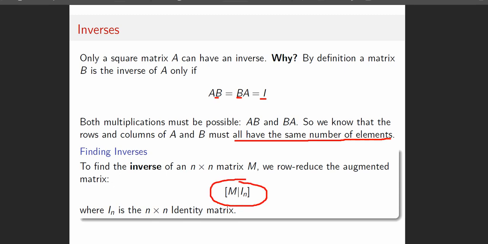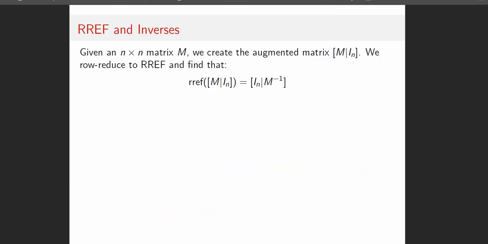Then, as you're getting used to seeing, we row reduce. Something really cool happens: we row reduce all the way until the identity matrix is on the left-hand side of the augmentation bar, and what's left on the right side will be the inverse matrix for M.